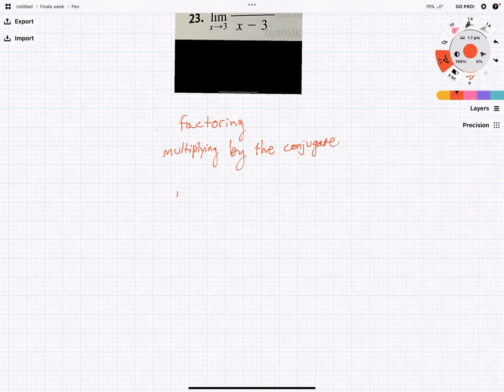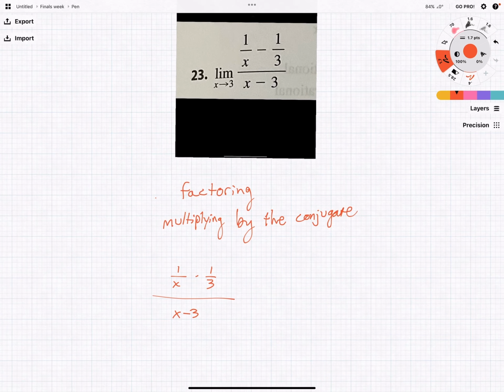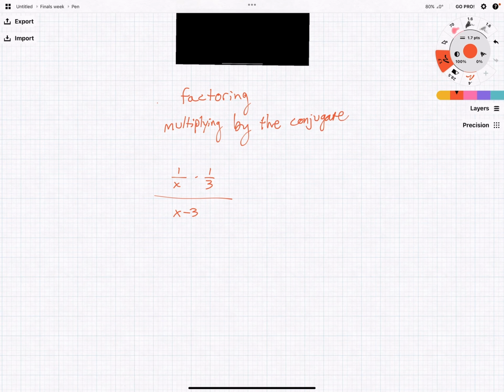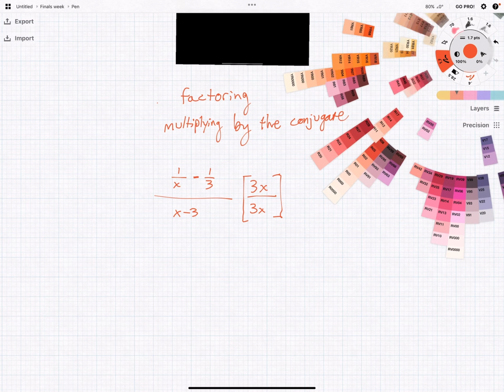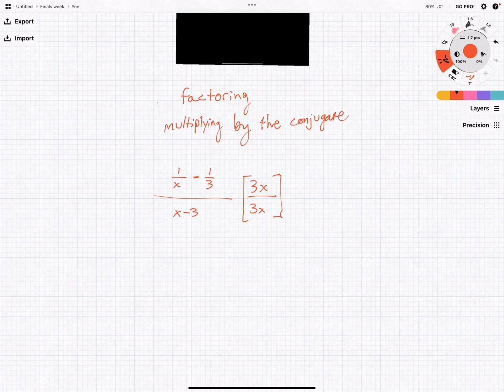First, we'll rewrite it all: 1 over x minus 1 over 3 all over x minus 3. And we are going to multiply the top and bottom by 3x because I really just want a nice simple numerator. I don't want these double fractions on the numerator.